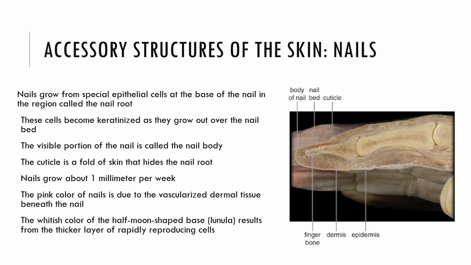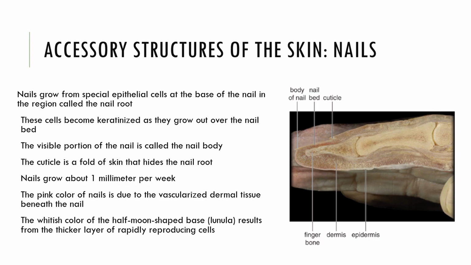Okay, we're going to move on to nails. So the structure of nails. Nails are composed of tightly packed, hard, keratinized epithelial cells. They grow from a nail root. This is located beneath the proximal nail fold, which is your cuticle.